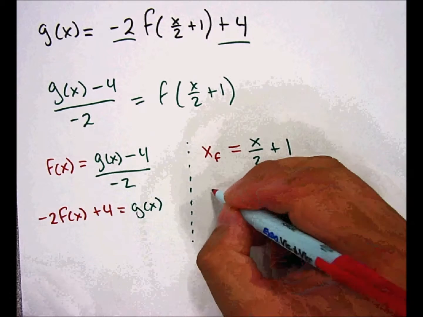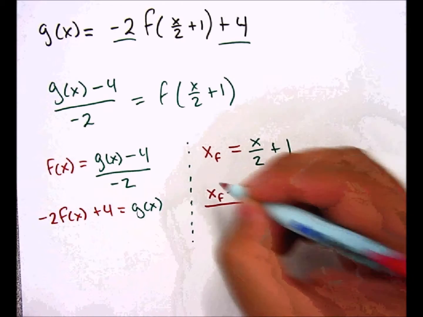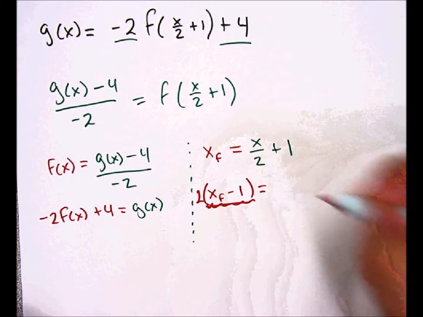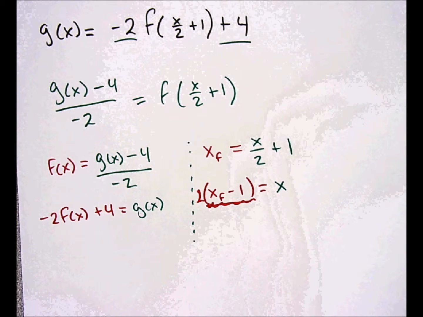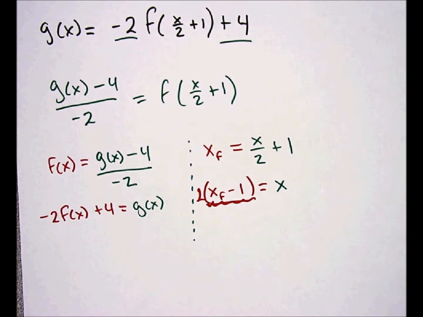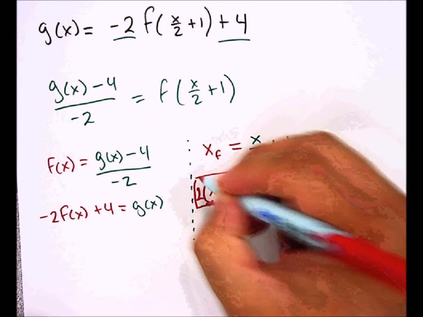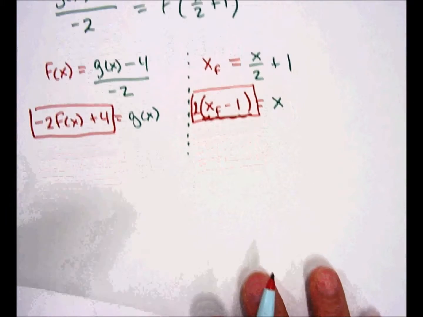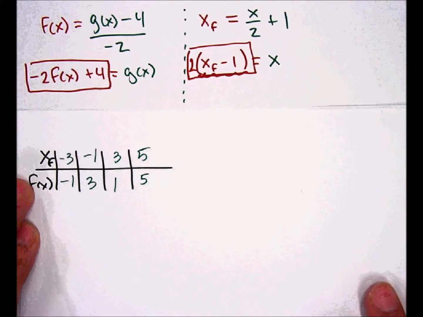Rewriting it and solving, you would get the rule for transforming the domain of the function f of x into the domain of the function of g of x. Using these two as my guidelines, I can now take the table of f of x, which is the only one I have, and I can create the table for g of x.